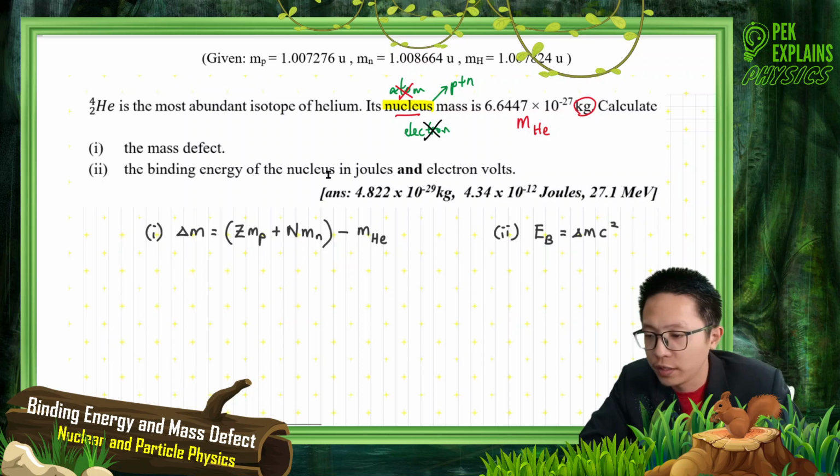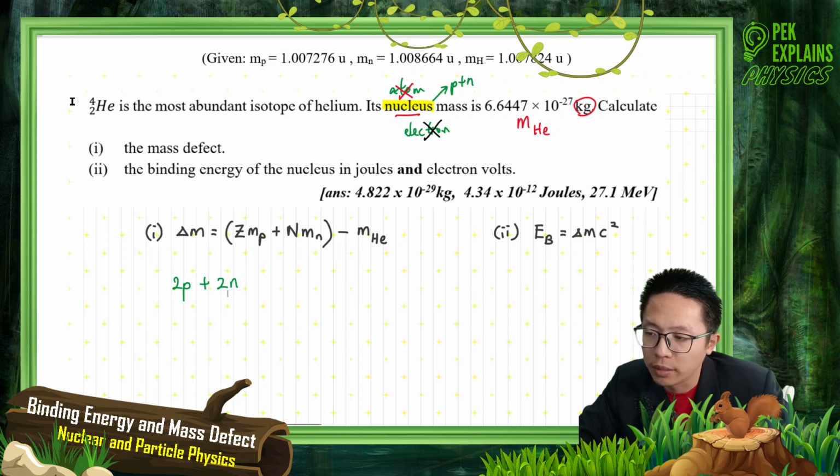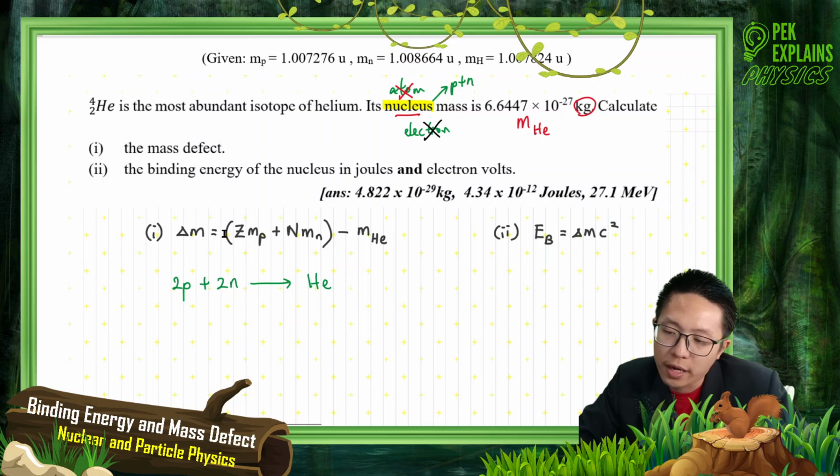Write the equation first. From there we know it has 2 protons plus 2 neutrons, because we take the mass number minus the proton number and we get 2 neutrons. So 2 protons plus 2 neutrons give the helium nucleus. To find the mass defect, we take the nucleons minus the nucleus.